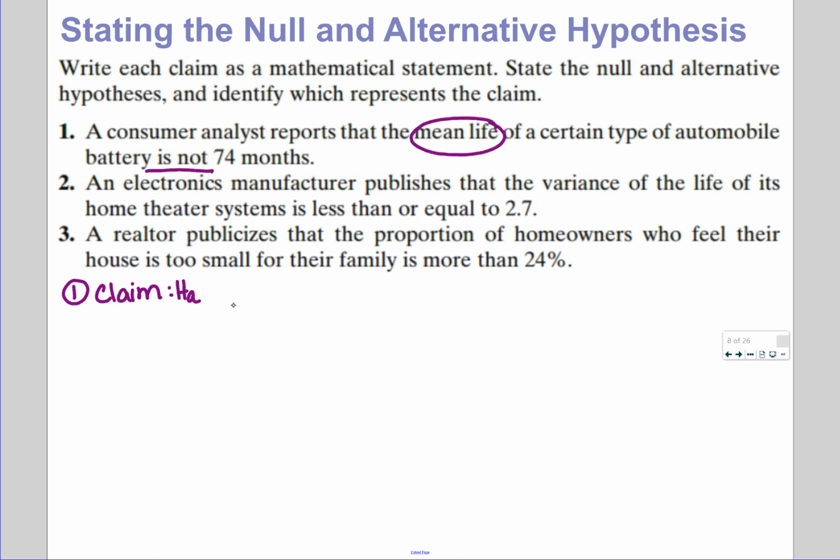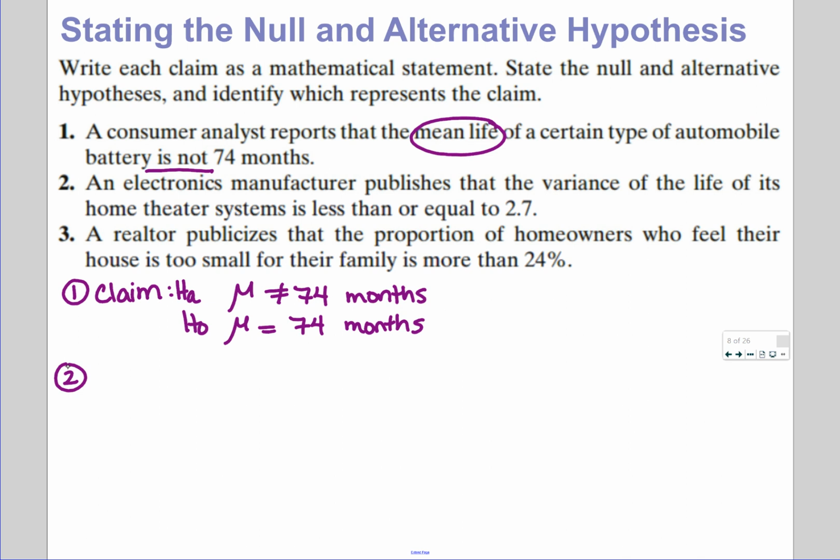Okay, so when you write it, it's going to be your symbol for population mean, μ, always for population, not equal to 74, and I'll label it months. Okay, which means we still need to write the null. The null is also about the mean, and the complement of not equal to is equal to 74 months. Okay, that's it.